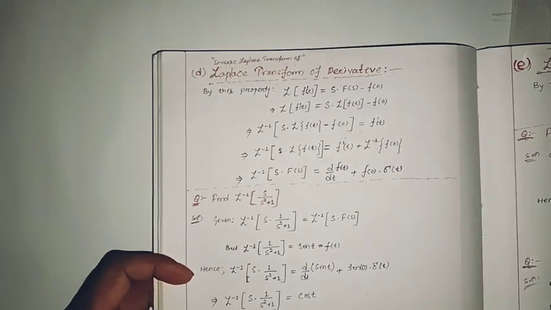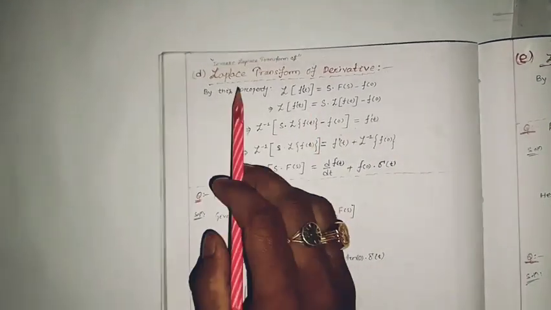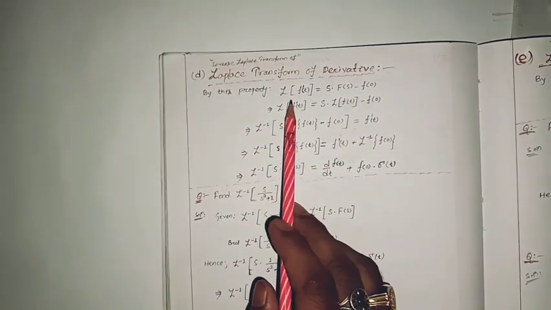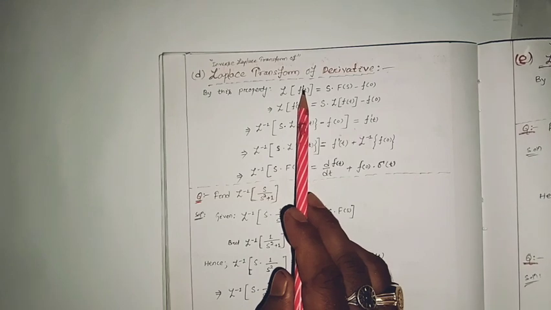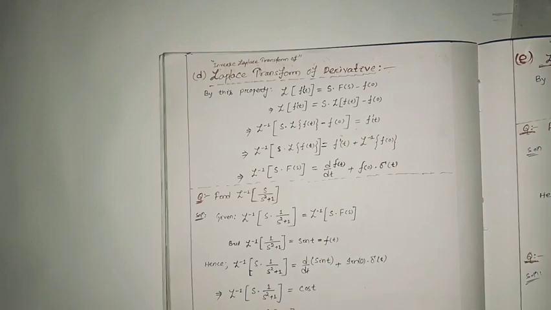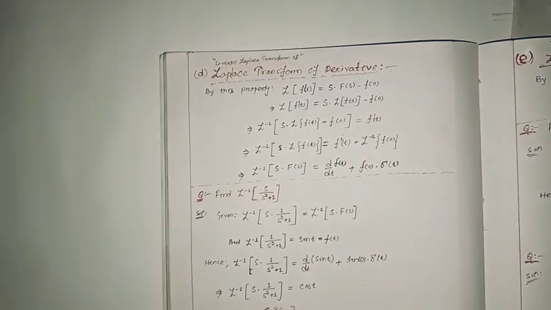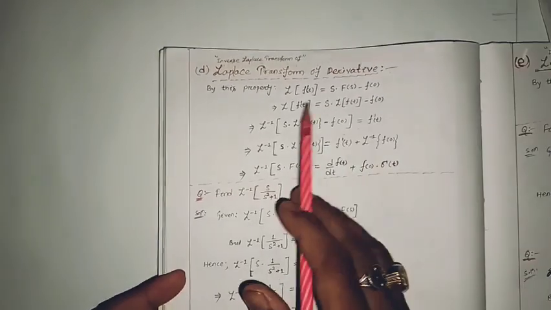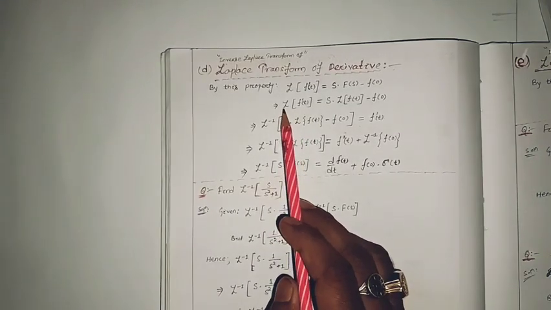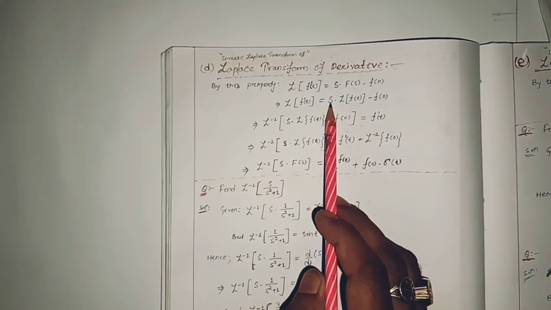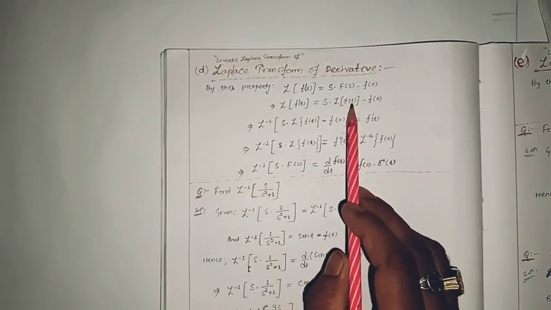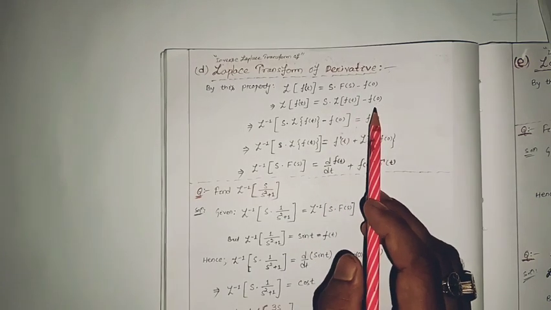Next, the inverse Laplace transform of derivative. By this property, we know that the Laplace transform of the first derivative of a function is nothing but s into capital F of s minus f of 0. Here it is the small f of 0, right? That implies the Laplace transform of f dash t will be equal to s times the Laplace transform of f of t minus f of 0.